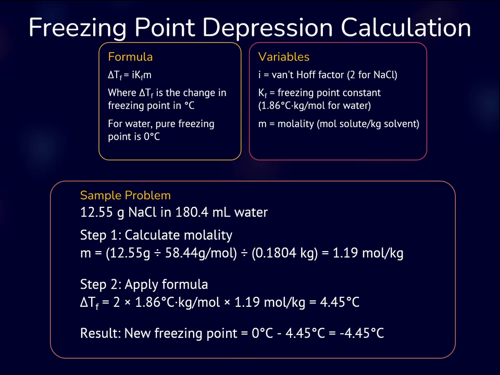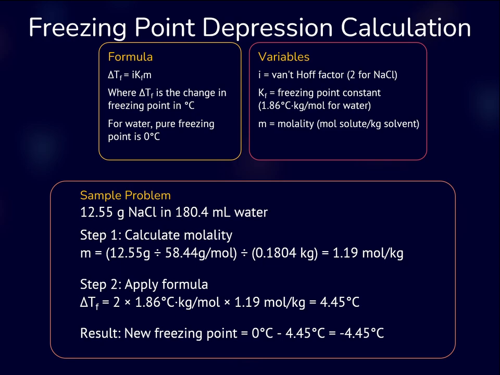So let's apply this to an example. If you dissolve 12.55 grams of NaCl into 180.4 milliliters of water, which by the way has a density of 0.9941 grams per milliliter, we can calculate the molality as follows.